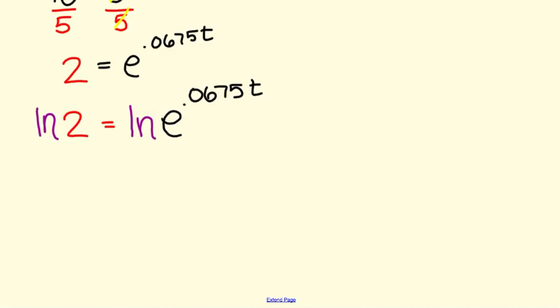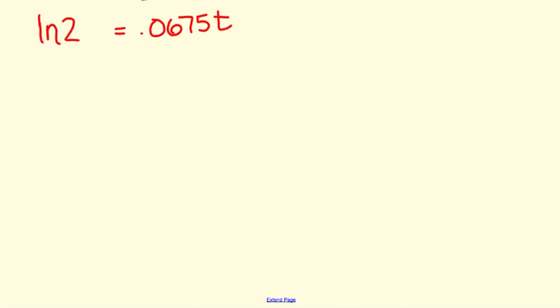Remember that natural log is base e. Exponential is base e also. So these are what we call inverses of each other. So we can use the inverse property. So now what we're left with on the right is 0.0675t, and then on the left it stays the same, natural log of 2.